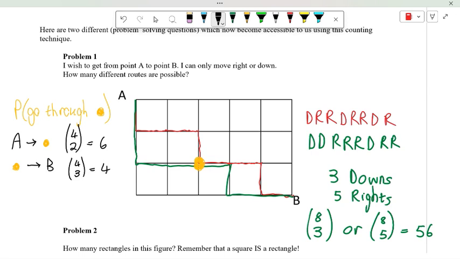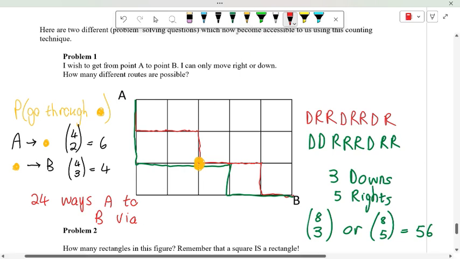Now the big question is, are we going to multiply or add the 6 and the 4? Here we're going to multiply, because any one of the paths from A to the orange dot can go with any one of the paths from the orange dot to B. So there are 24 ways to get from A to B via the orange dot.